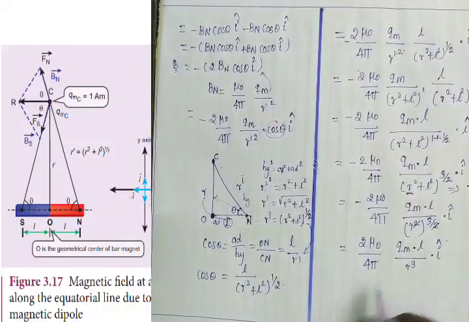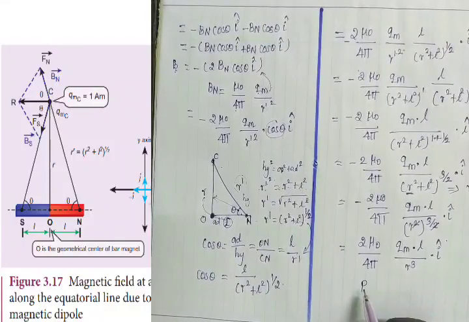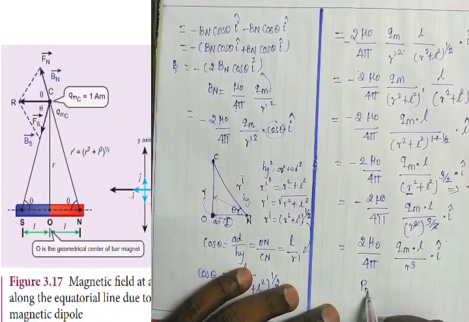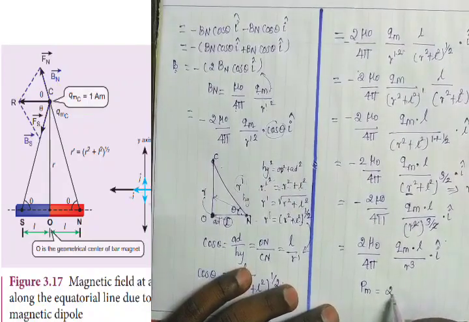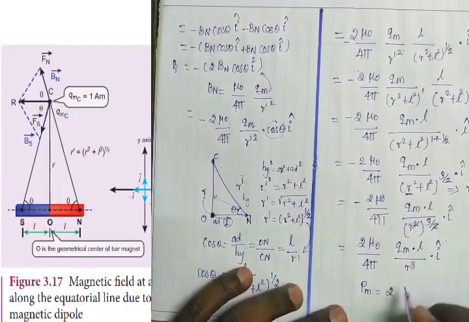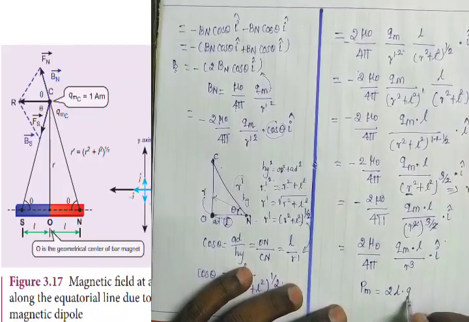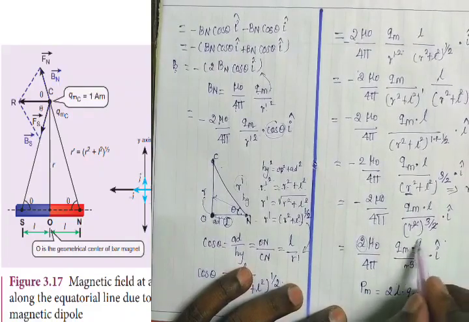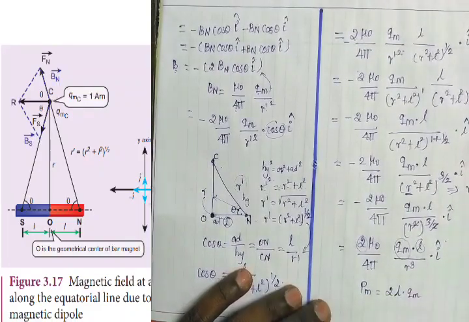So next one is the P value, the magnetic dipole moment value. You know very well, the magnetic dipole moment Pm is equal to 2L dot Qm. So 2 is present, L is present, and Qm is also present.